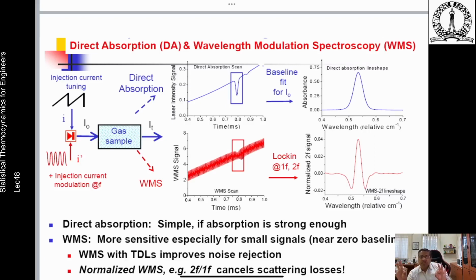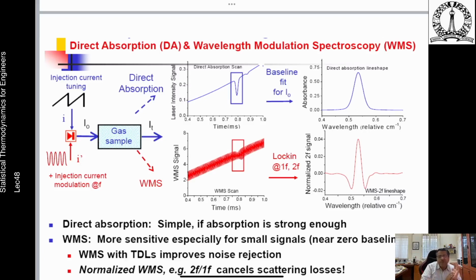If you measure it, you will see a blip. If you process that, it gives you this kind of distribution, which is basically the direct absorption line shape function.